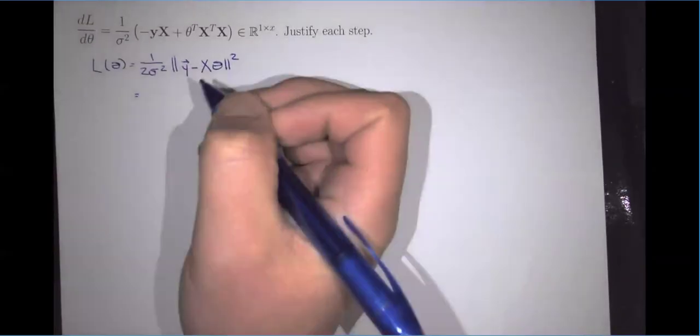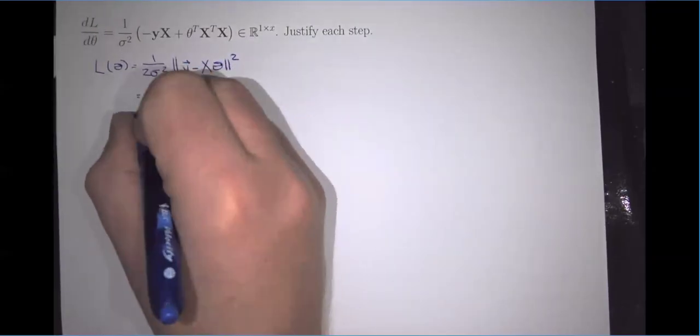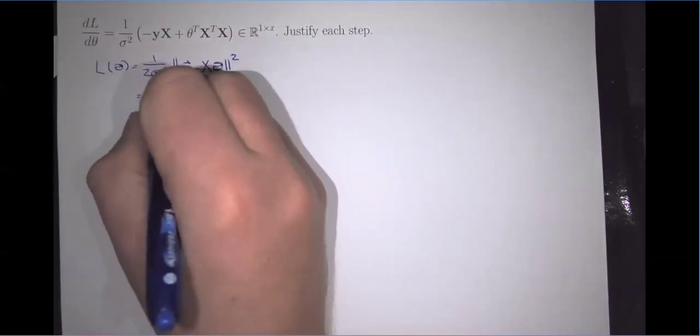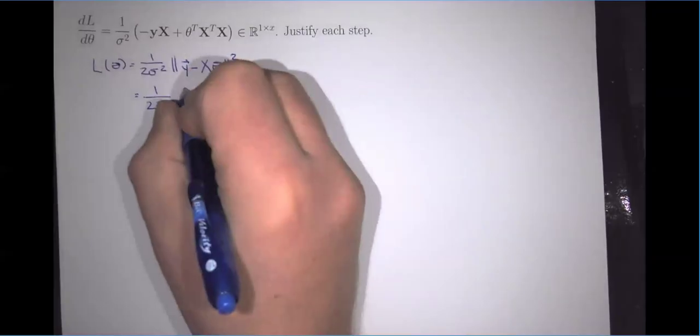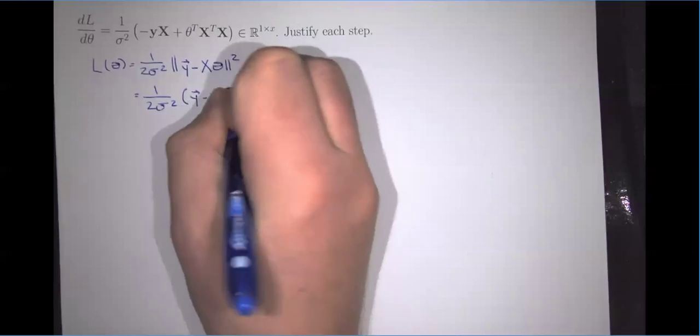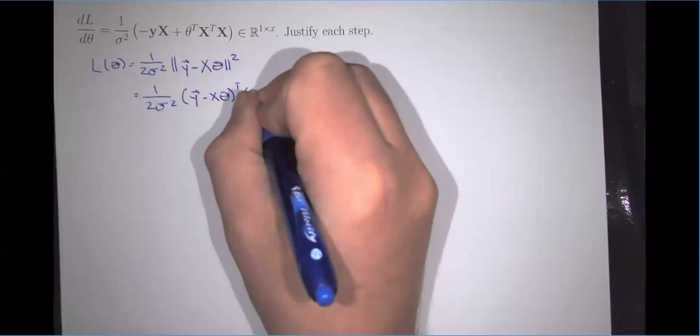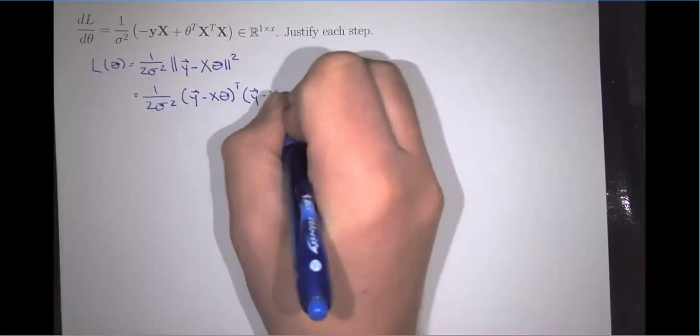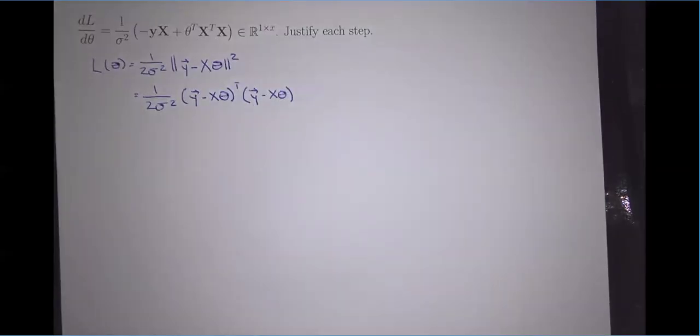And so this, if we rewrite it, is 1 over 2σ² times (y − xθ) transpose times (y − xθ) without the transpose.